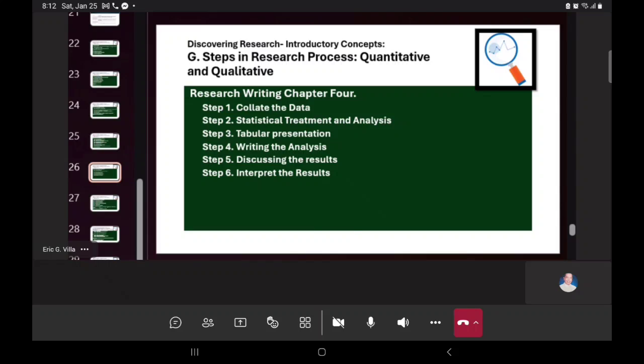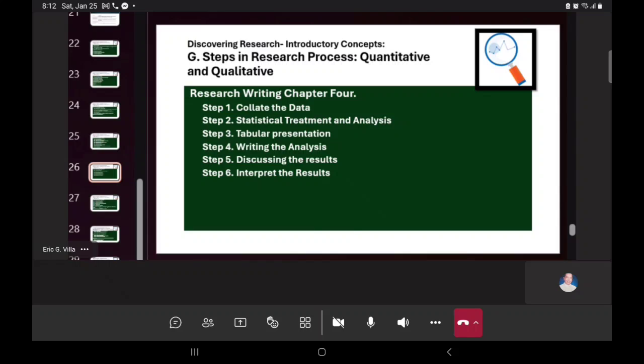In the interpretation phase rather, the final step involves interpreting the results where researchers draw meaningful conclusions. It connects findings to theoretical frameworks, it identifies practical implications, and this final step suggests future research direction.